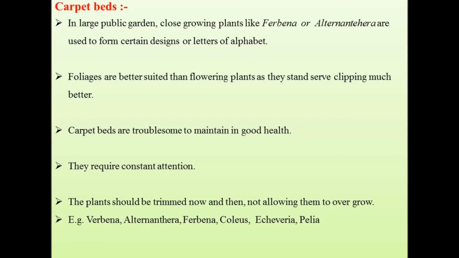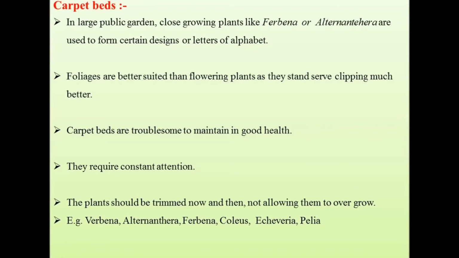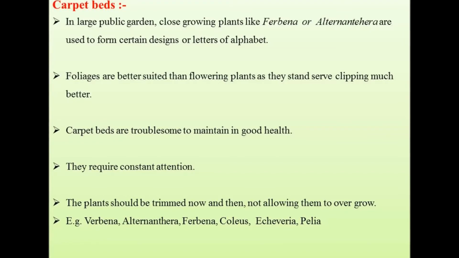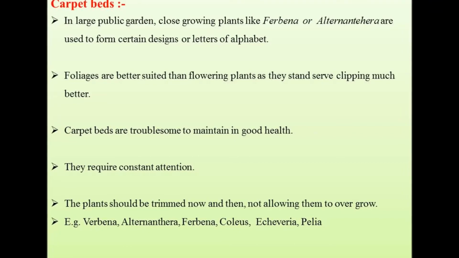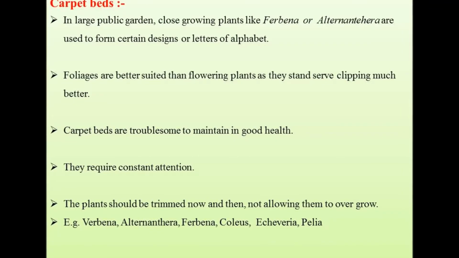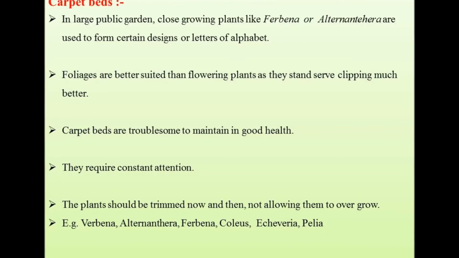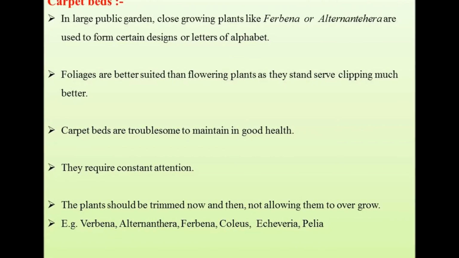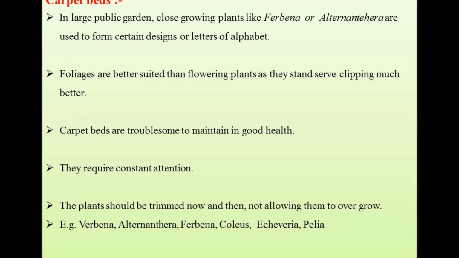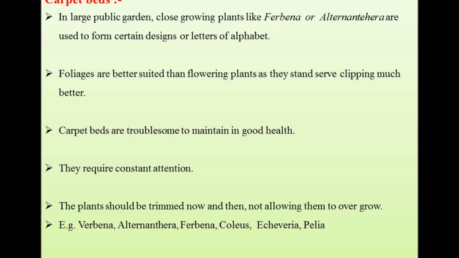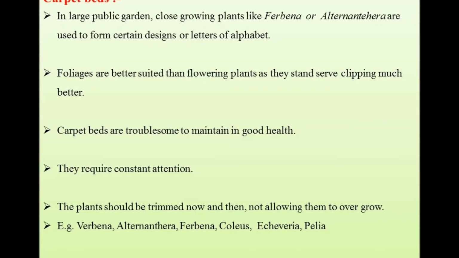For making carpet beds, some plants are suitable: those having the ability to grow at ground level, to produce profuse branching at the base, to withstand frequent cleaning and trimming or training, that means responsive to frequent training and clipping, and having attractive foliage. By using such plants, we can make a design of letters or alphabets.